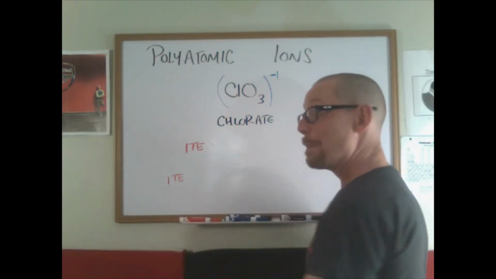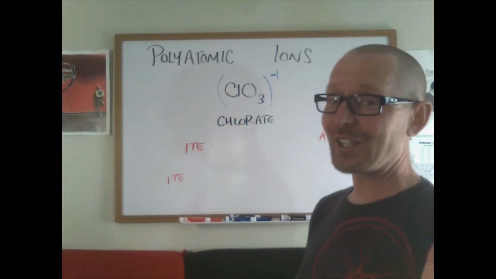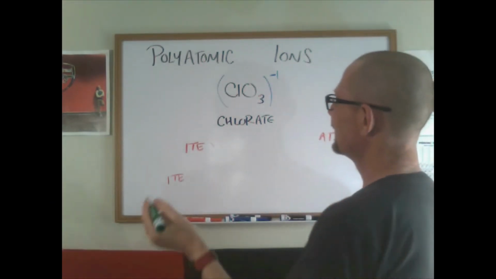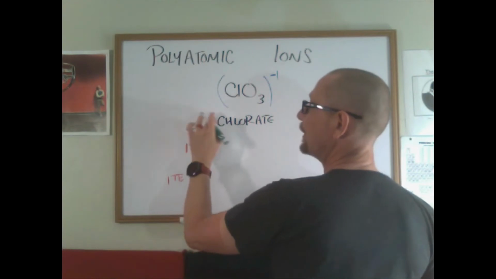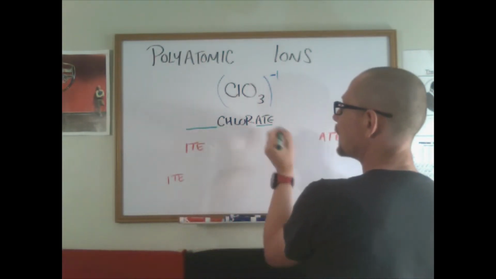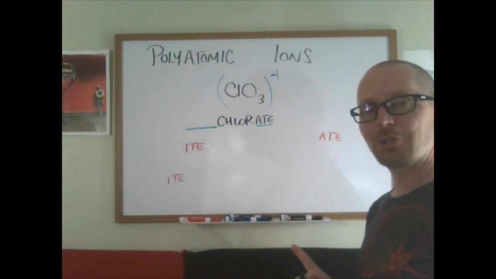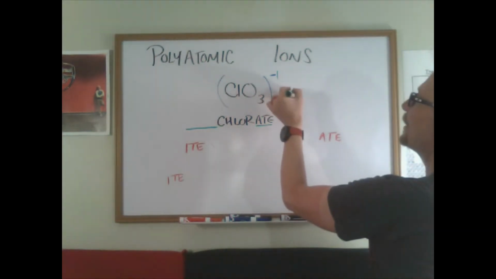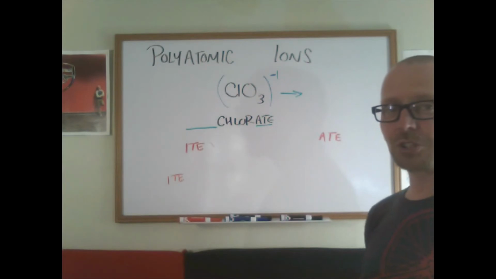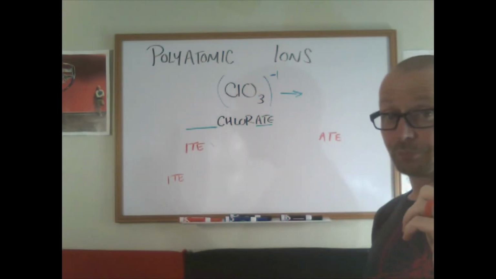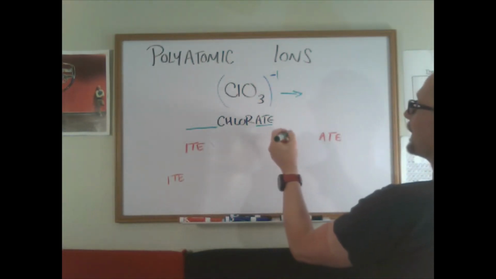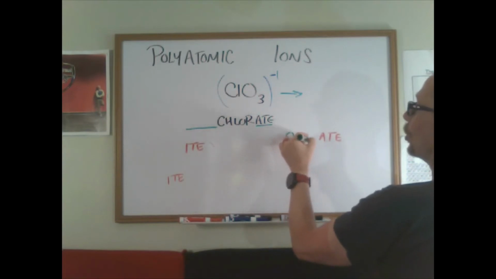There are prefixes and suffixes. So here we've got no prefix and just that simple suffix, that -ate. But here's what I'm going to do. I'm going to increase the amount of oxygen by 1. Right? And now I've got a chlorate.